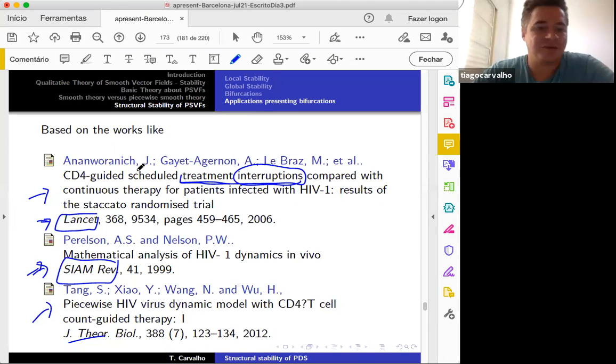We did the piecewise smooth study, and they look at these equations, and they are modeling a real situation where the virus is controlled and never eliminated. So this limit cycle, in fact, appears in the real world, in the real model.